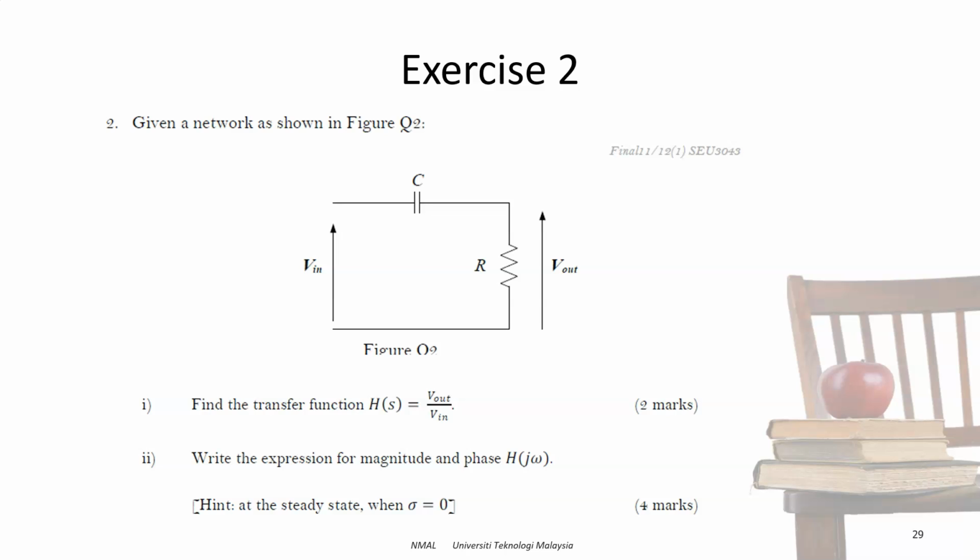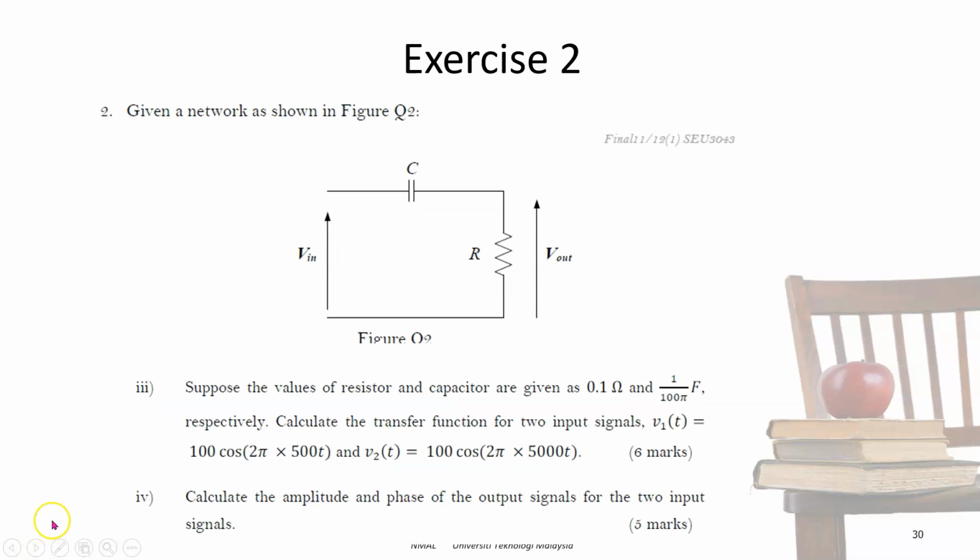So we still have to find the transfer function one by one by using our knowledge. Okay, so find the transfer function Vout divided by Vin. Write the expression for magnitude and phase at the steady state when sigma equals 0. Suppose the values of the capacitor and resistor are given as this one and this one.